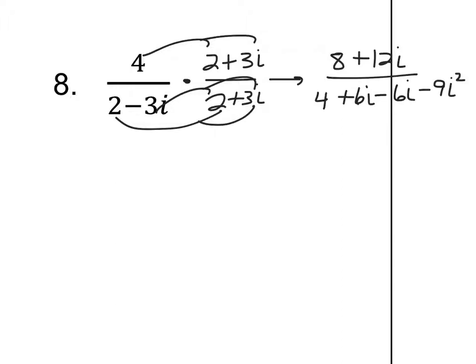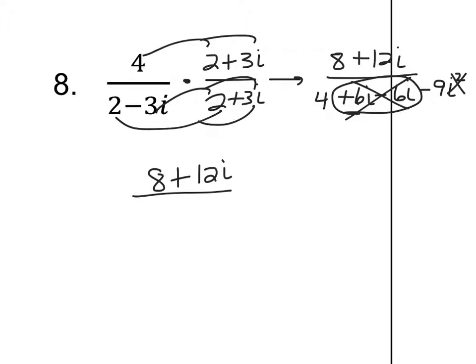Okay, so now on the top, there's nothing to simplify because these are not like terms, 8 plus 12i. And then on the bottom, these guys are like terms. Notice they cancel. They make 0. Cross out the i squared, change the 9 to a positive. And now I have 4 plus 9.